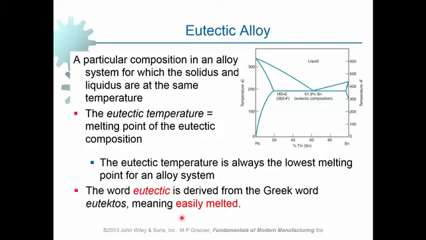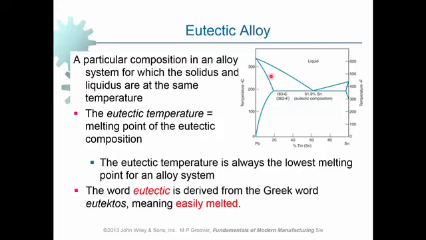Recalling from the Materials and Manufacturing 1 unit, there is a certain composition right here. You can see it here at this point. Look, we've got the liquid phase up here. Where is it where we can have only liquid phase at the lowest temperature? Right at this point. This is all liquid above this line.